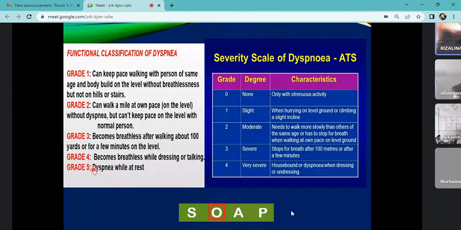Anyway, tingnan nyo na lang kung yan ay lalabas sa exam at ano yung better choice. Kung meron siyang 0 to 4, then they are using the American Thoracic Society. And kapag grade 1 to 5 naman, then they are using the functional classification of dyspnea in general. Okay?